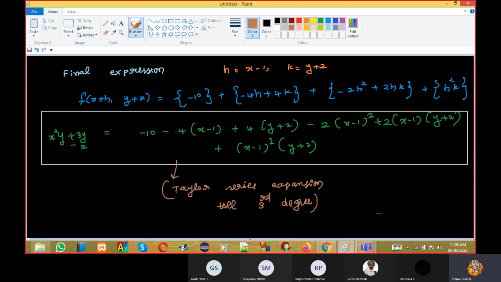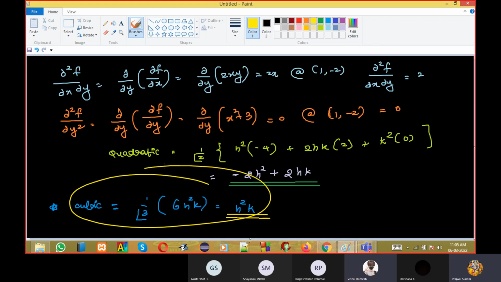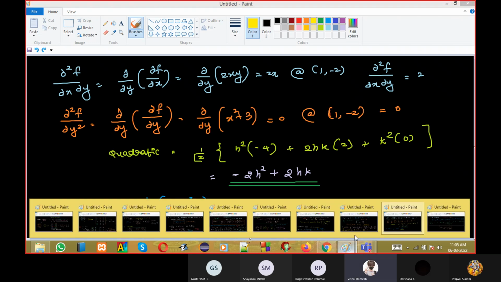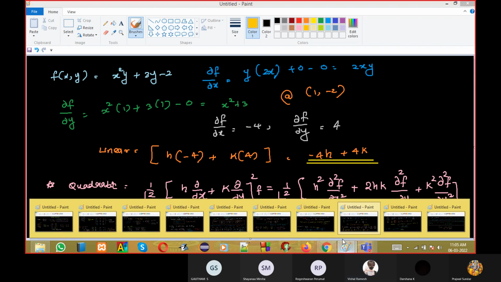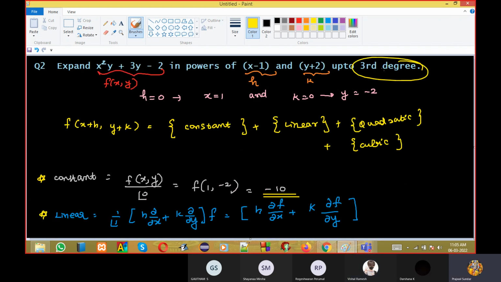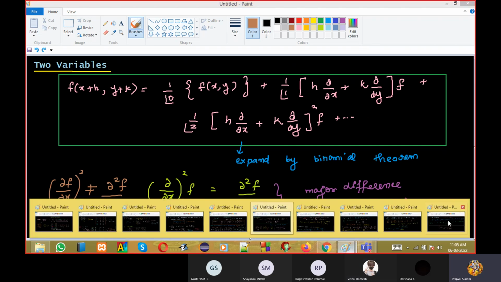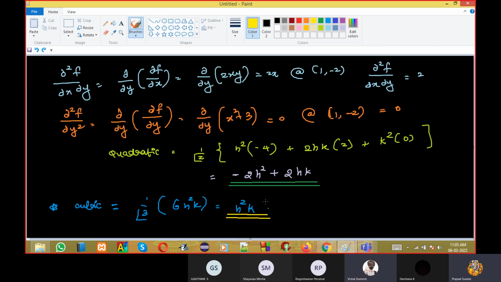Up to third degree, do we find up to 2 factorial or 3 factorial? I found 3 factorial. I mean, you need to write the next term, like 1 by 3 factorial into this whole cube. How much time it will take for me to sit and solve that, you see. It is time waste, but you have to do all this calculation.